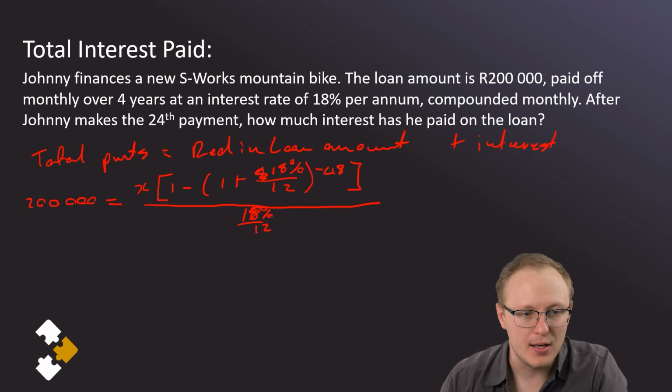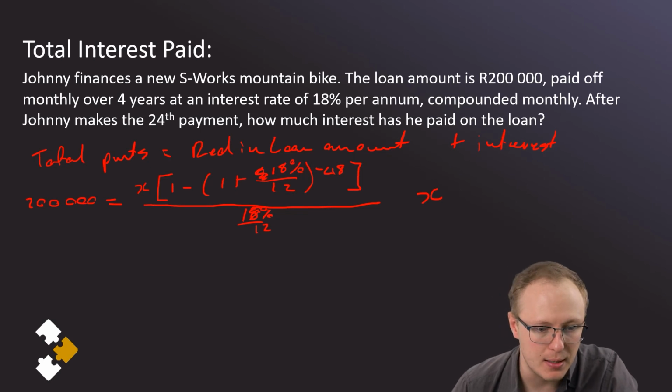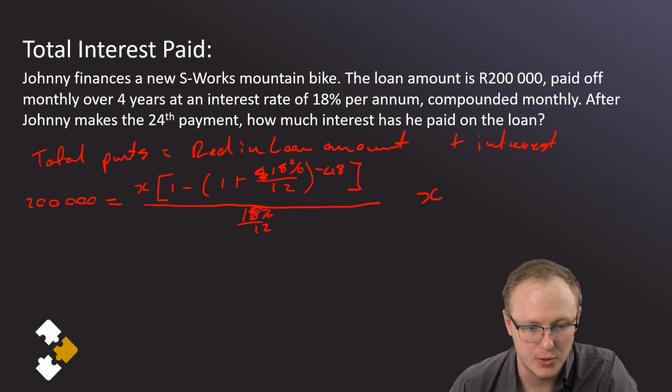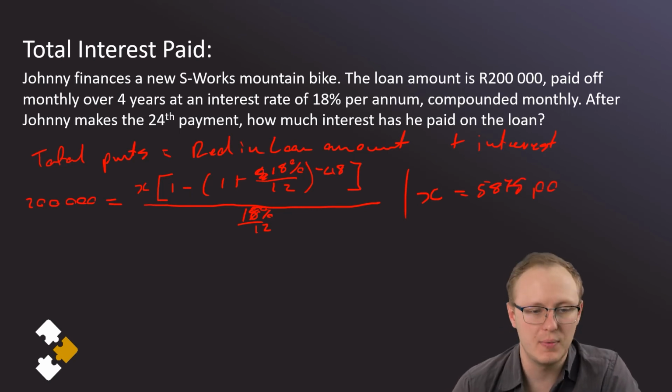Okay, so here we then find that the payment x has to be 5875,00. So that's going to be the payment.